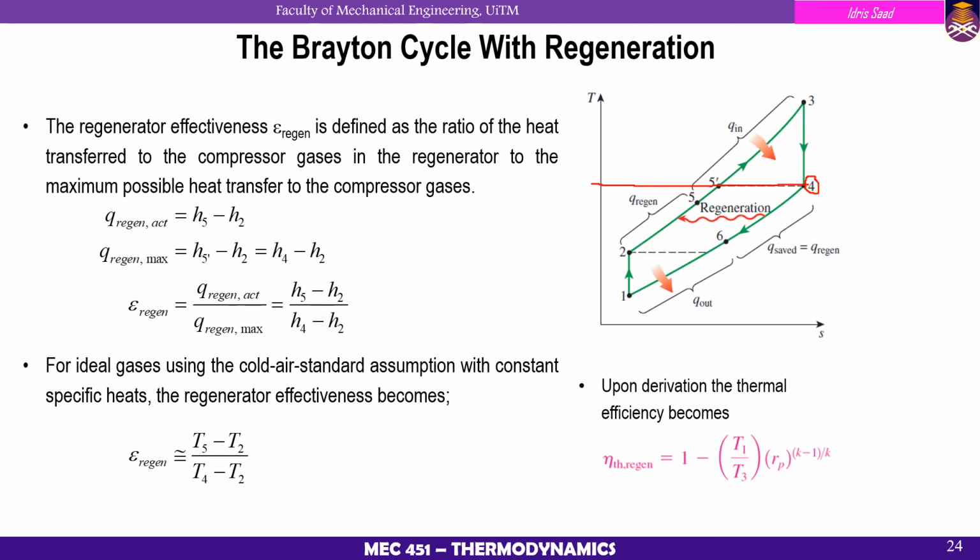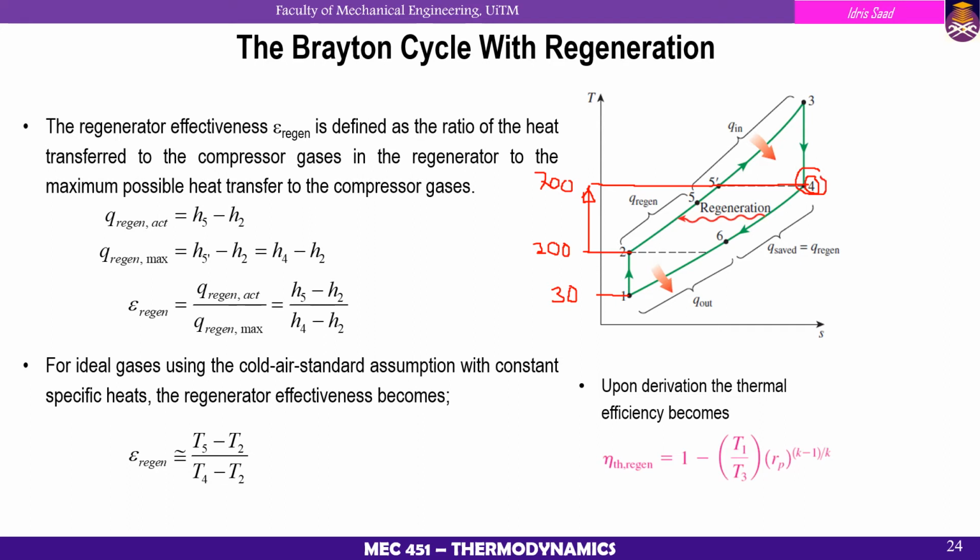If this temperature is 700 degrees Celsius, let's say, and then we compress the air from the surrounding at 30 degrees Celsius, let's say we compress it to 200 degrees Celsius. So we can increase this temperature from 200 degrees Celsius to a maximum of 700 degrees Celsius only. We cannot reach more than 700 degrees Celsius because the temperature at the exhaust is only 700 degrees Celsius.